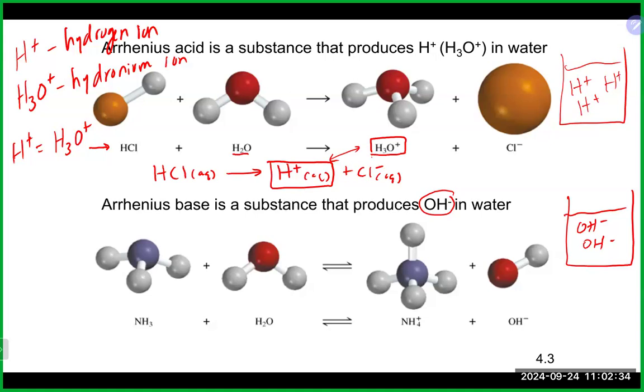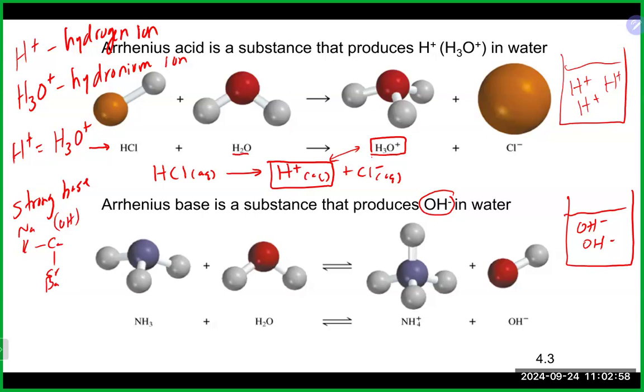Now, as I mentioned before, a lot of strong bases come from group 1 and 2 on the periodic table. Again, sodium, potassium, over to calcium, strontium, and barium, all with hydroxide. But not all bases will actually have hydroxide in their formula.